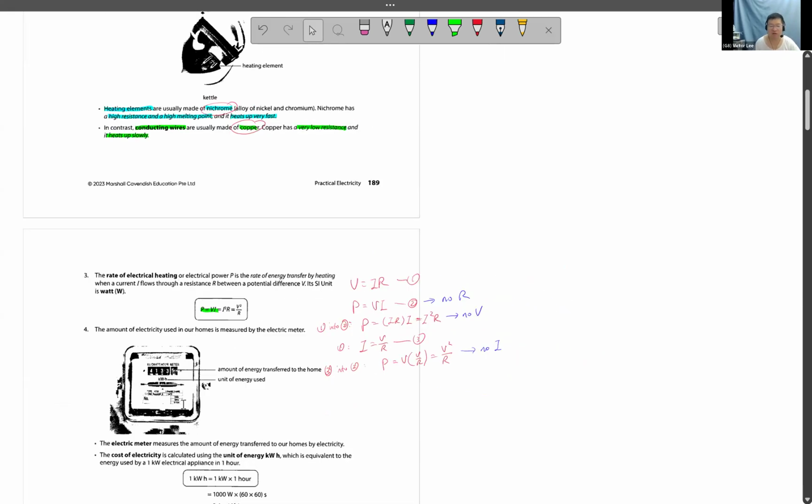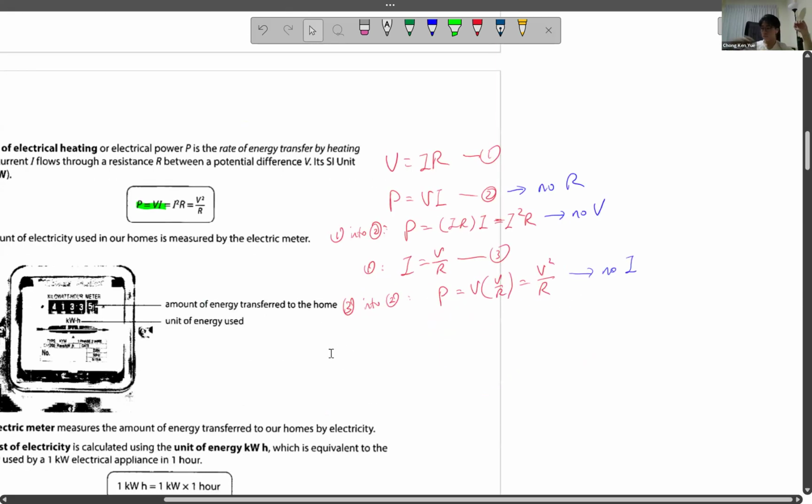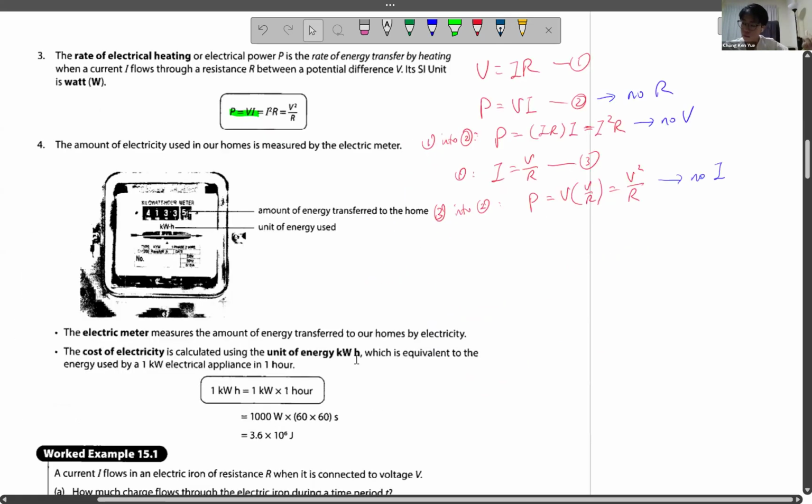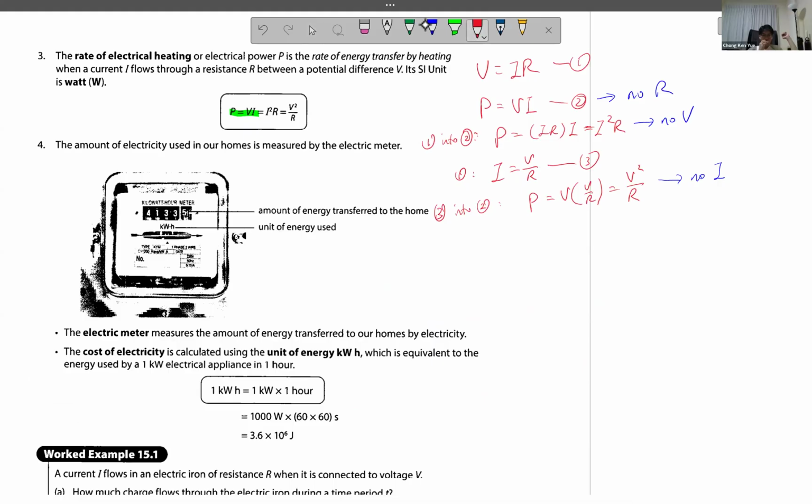On the other hand, you can also use power times time to find energy. I use another color. Energy equal to power times time. You substitute this one, sub 2 inside there.